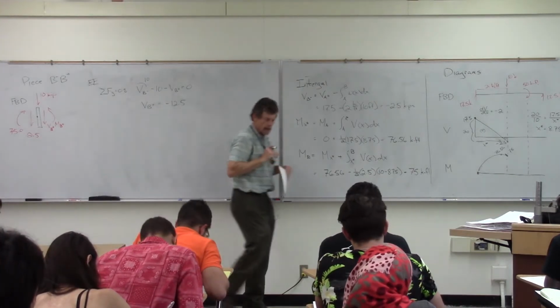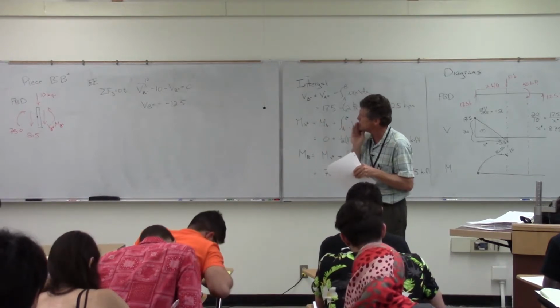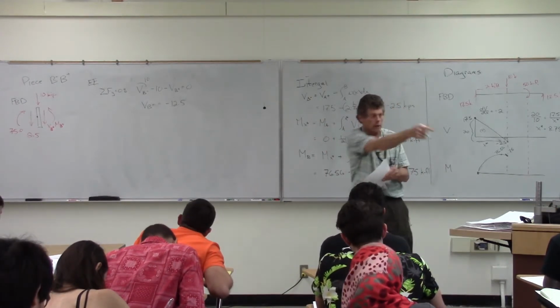So when I get done with that quick little infinitesimal piece there at B, and I walk across that, that's where I see that jump that we saw in the equilibrium approach.